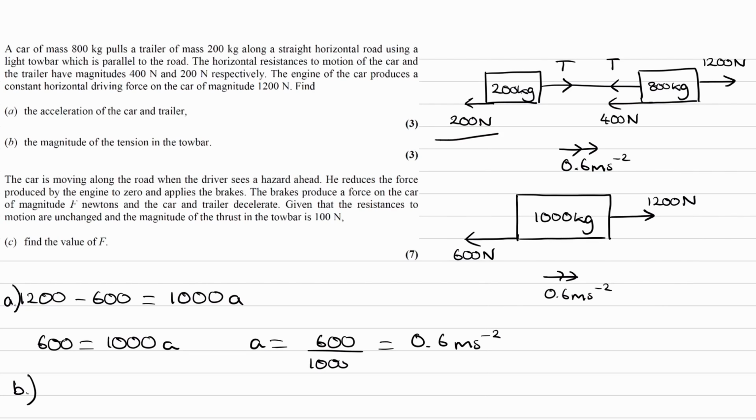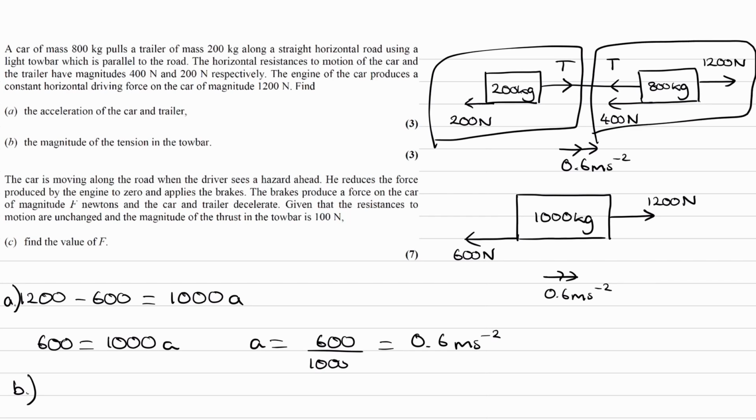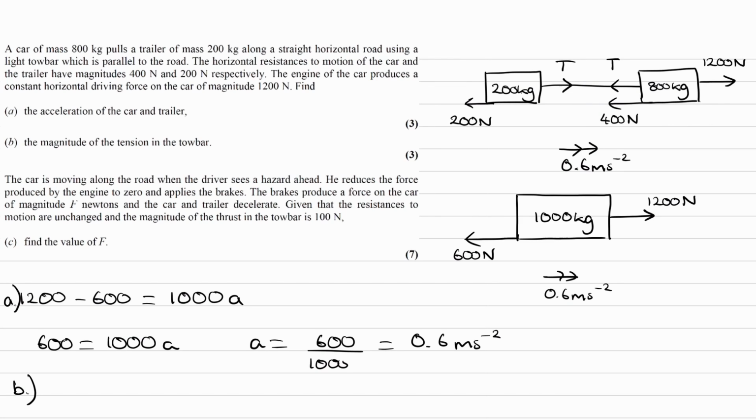We can either look at the trailer, or we can look at the car. I think the trailer would be better, because the car has 3 forces, the trailer just has 2. It's a bit simpler with the trailer, but to be honest, it doesn't make much difference. If you consider the trailer or the car, you'll end up with the same final answer for tension.